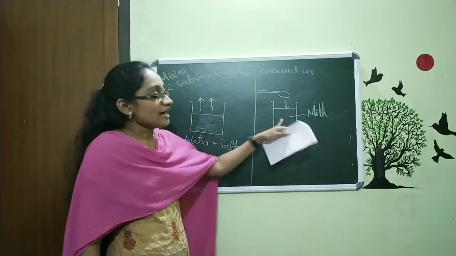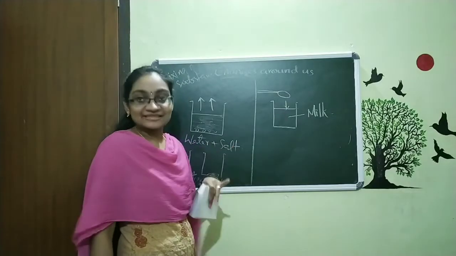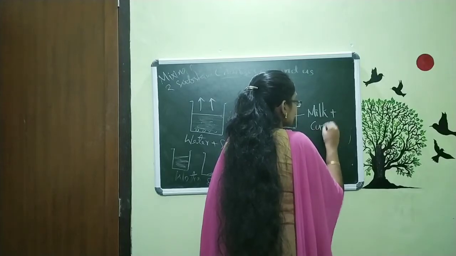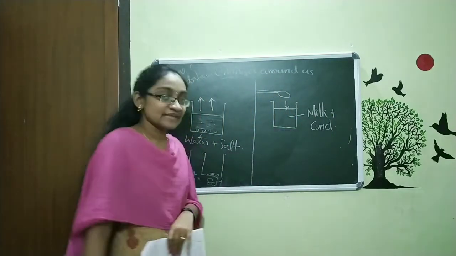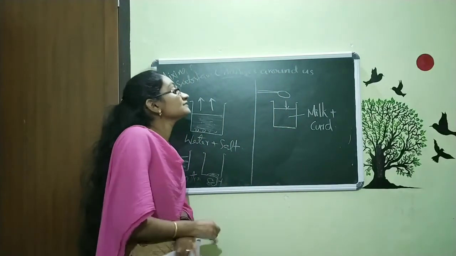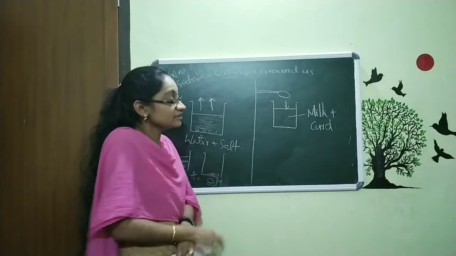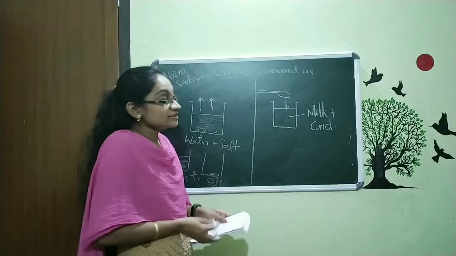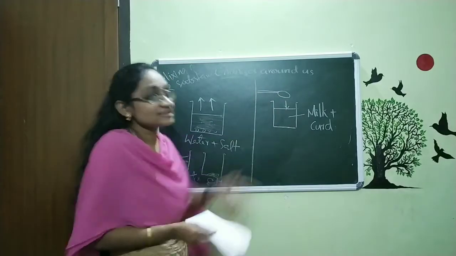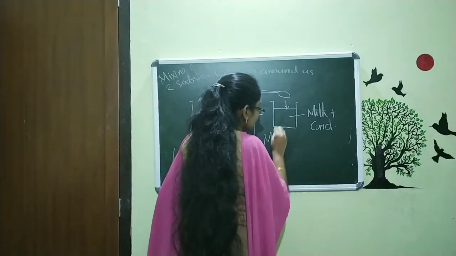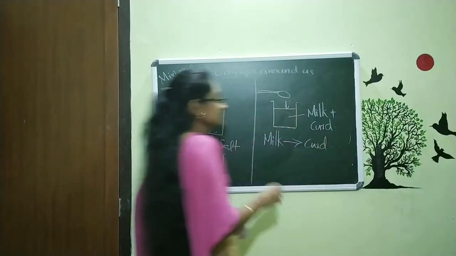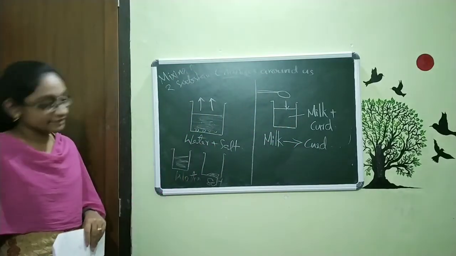So now our milk is milk plus curd. I am adding a spoon of curd in this milk, stirring it and keeping it there. And after 2-3 hours, what can we see? This whole milk is now converted to curd. It is completely converted to curd.